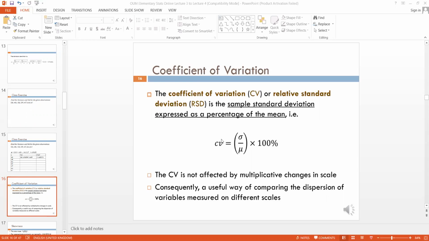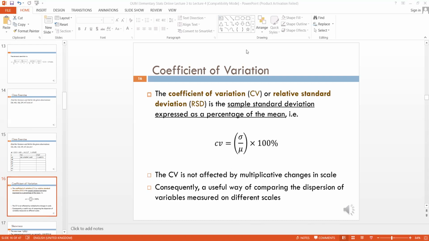So all you need to do is first find the mean of the data, find the standard deviation, and when you are done, you divide the standard deviation by the mean and multiply by 100%. It's as simple as that.